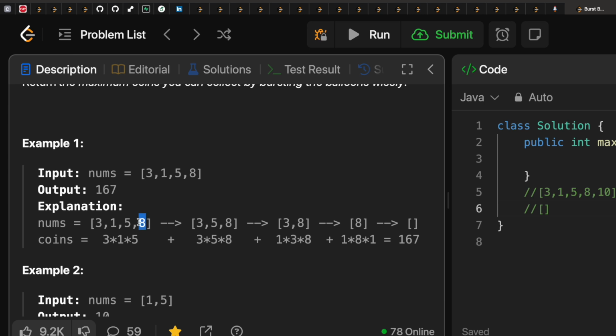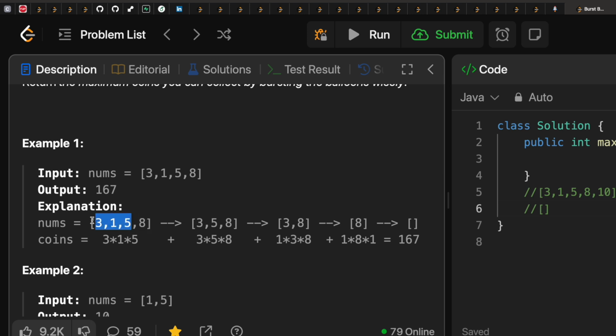the elements we busted before 8, as we are busting 8 at the last, so the balloons which we are busting before 8 will have 8 as their right value. Means if we are busting this particular subarray, 8 will always be present because we are busting 8 at the last.